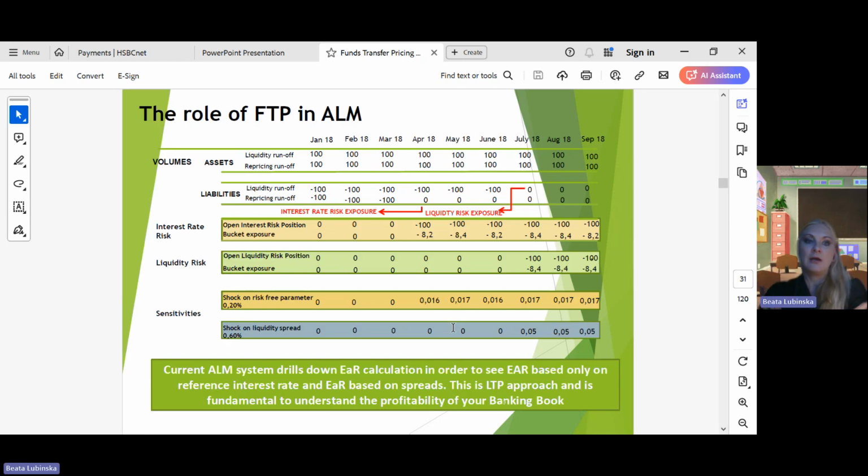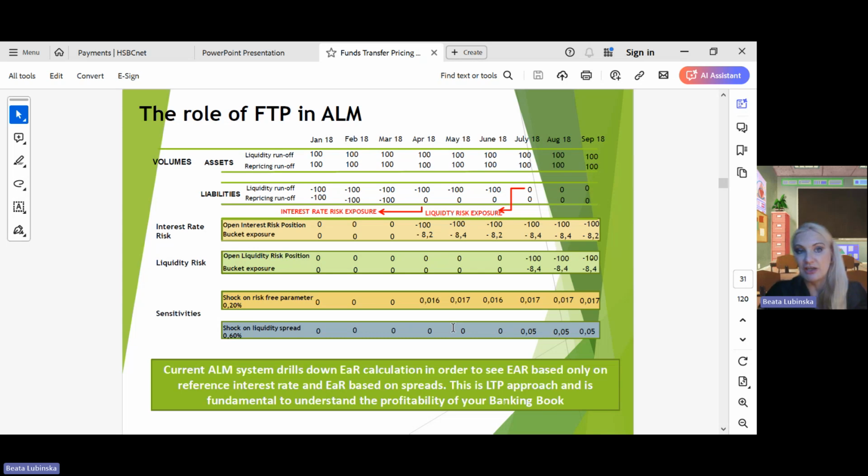Okay. Here I would like to show you exactly how the FTP is splitting at the ILM system level the different components which we were talking about during the previous session. So here exactly is the picture of how the ILM system is calculating and splitting the different sensitivities.